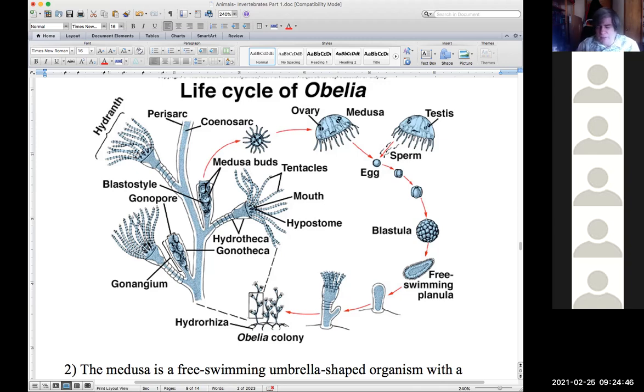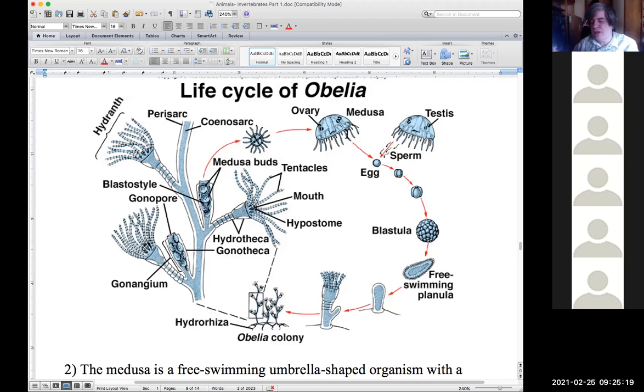So think of, we've talked about sponges can reproduce by budding. We've talked about yeast could reproduce by budding when we discussed fungi. So this medusa bud is produced by mitosis. Keep in mind that these organisms are 2N, and then one at a time, the buds are released, and the buds are small jellyfish, or sometimes instead of calling them jellyfish, we just call them a medusa for their body shape.